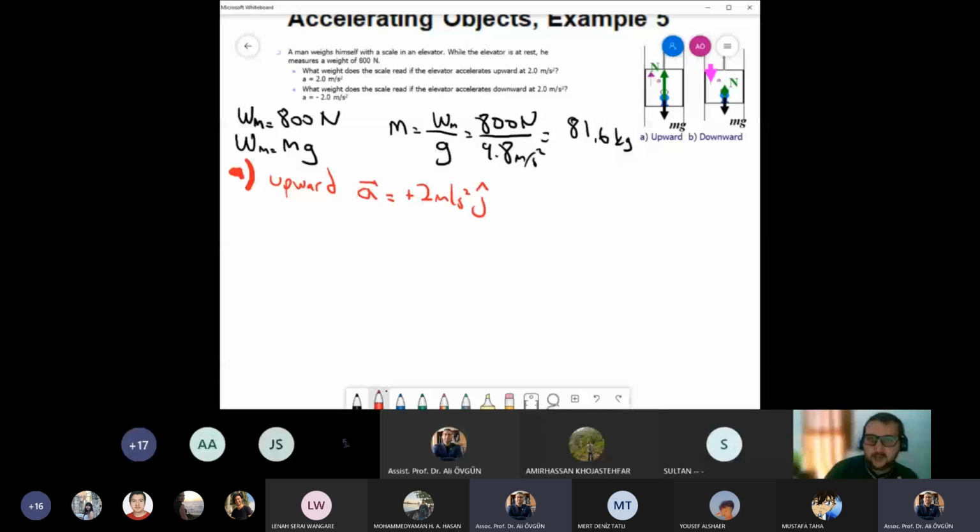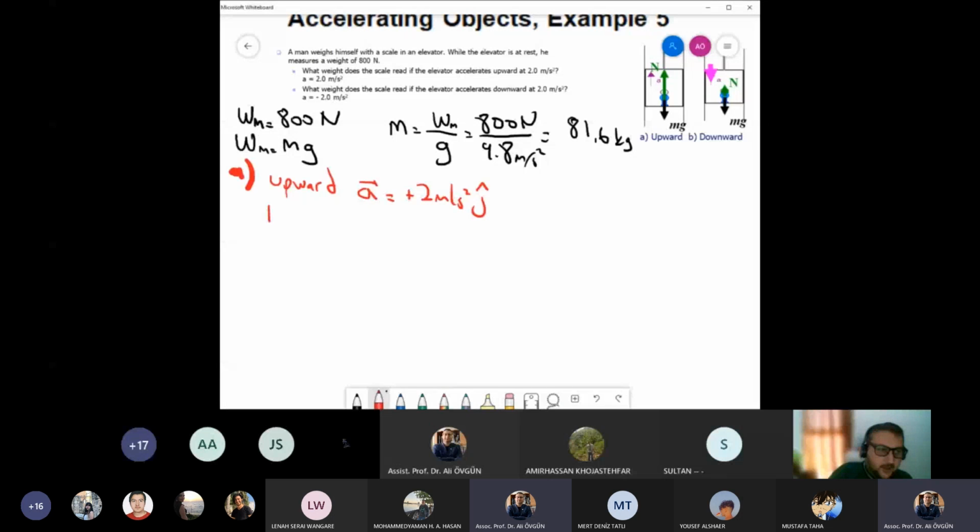If the elevator is going upward, what are the forces? You can draw the free body diagram. There are two forces. One of them is F normal upward, and another one is the gravitational force downward. And the acceleration of the elevator is up. So how can you write Newton's equation?